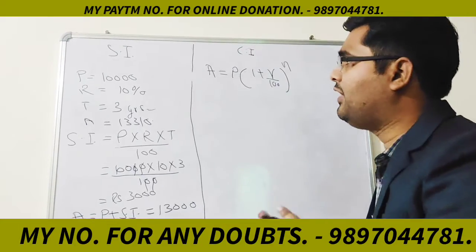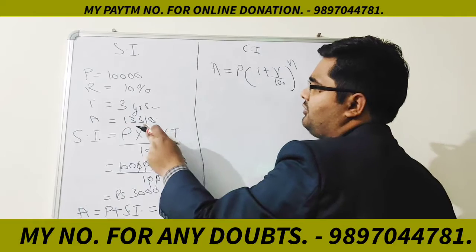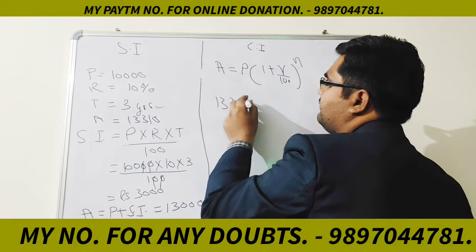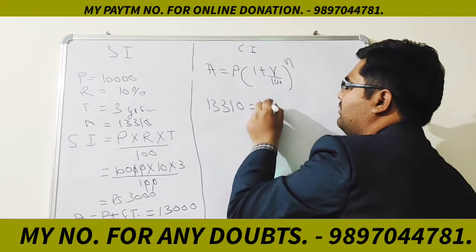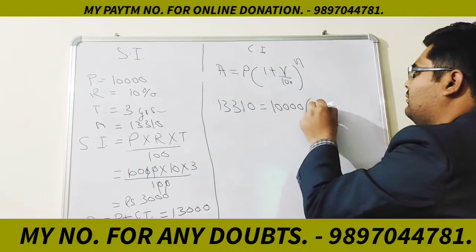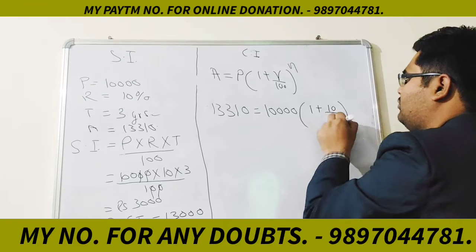Simply you put this formula. Now putting in the values that are given, amount is given, that is 13,310. Principal is given, 10,000. Rate is given, 1 plus 10 upon 100 to the power n.